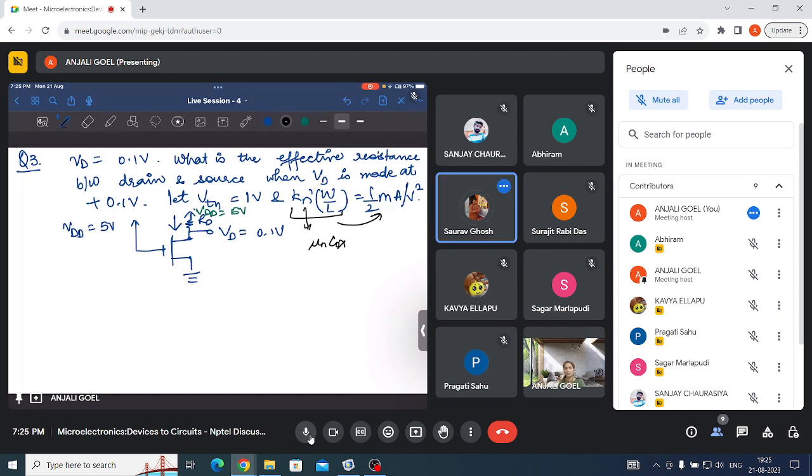It will be in the linear region of operation. So the VDS square by 2 part, can I neglect it? No, you cannot neglect it. You have to incorporate it.